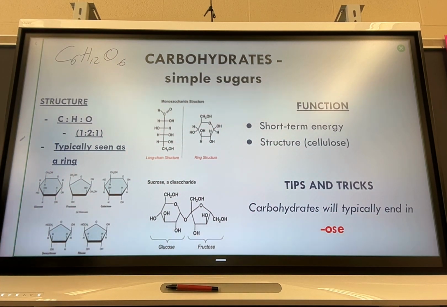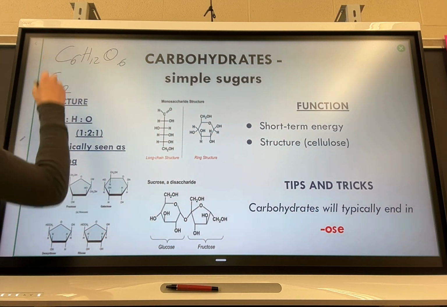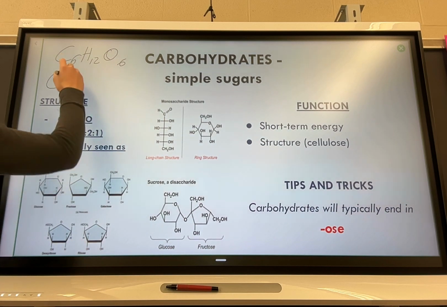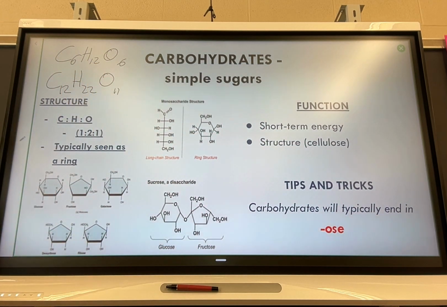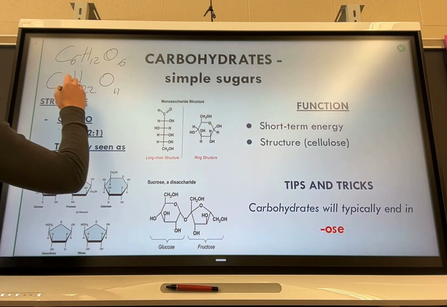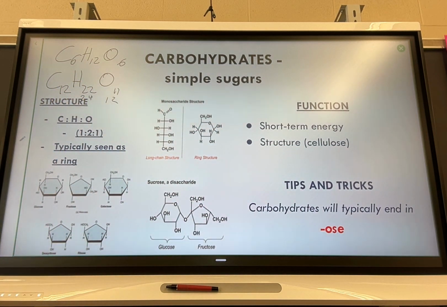Now if we combine these and we make a polymer out of carbohydrates, you'll see that rather than have this same ratio, we don't have that perfect ratio. You see C12H22O11. If it was perfect, it would be 24 and 12. So take a moment, think, where did those hydrogens and oxygens go?